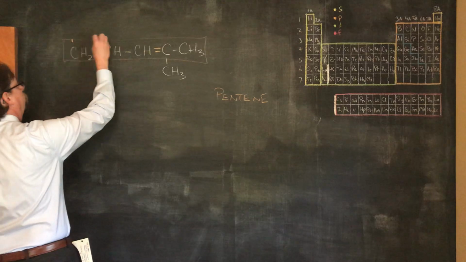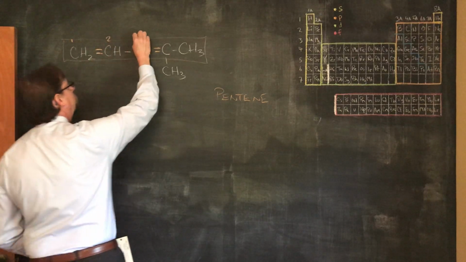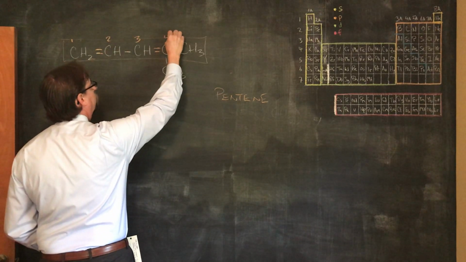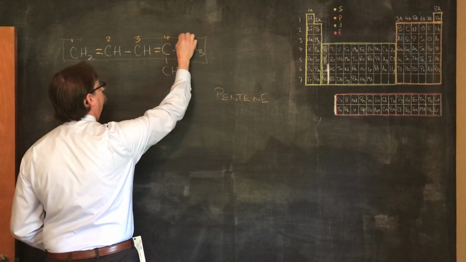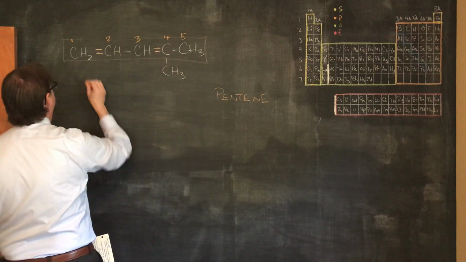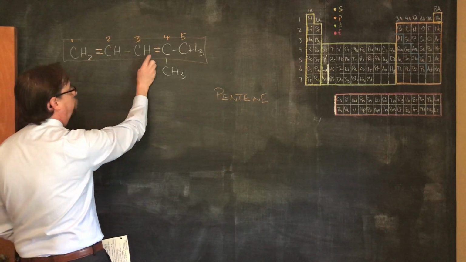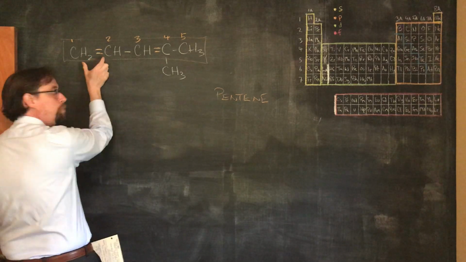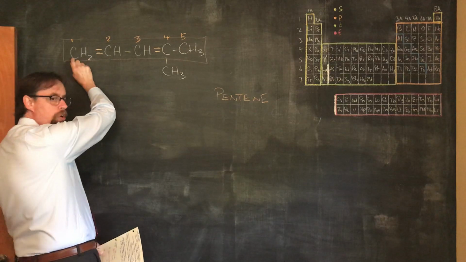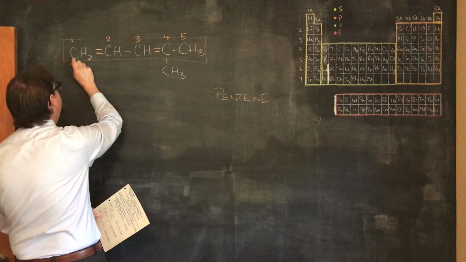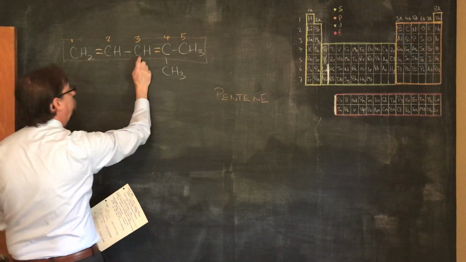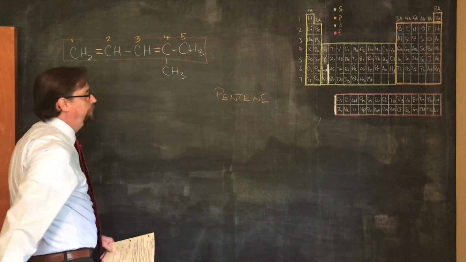So this is going to be carbon number 1, carbon number 2, carbon number 3, carbon number 4, and carbon number 5. My double bonds are off of 1, because they're between this one and the third one here. Remember, I know it's between 1 and 2, but I number off the lowest number it comes from. So that's a double bond off the first carbon, and then I've got another double bond off the third carbon.